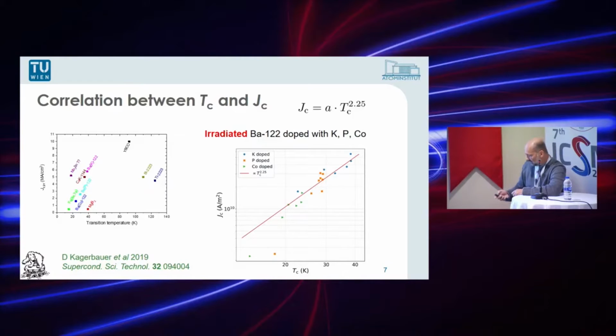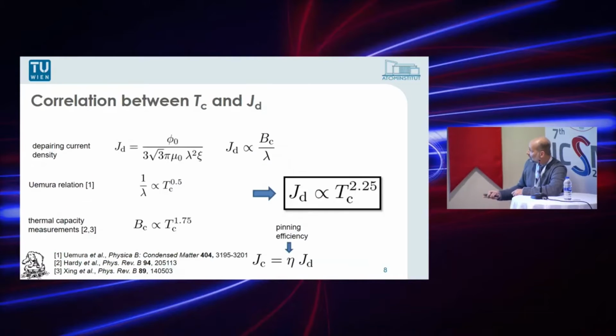This is quite well expected from the bearing current density, which can be rewritten as the ratio between HC and lambda, and using the Uemura relation for the superfluid density and what was found in the 1-2 compounds for the thermodynamic critical field, you end up exactly with the observed behavior. This is quite interesting and shows that we really have this proportionality between JC and the bearing current density.